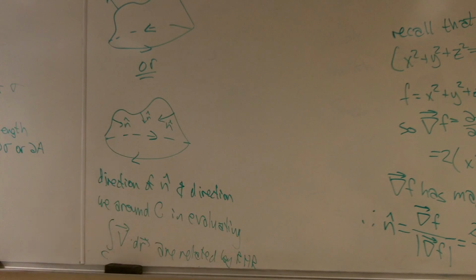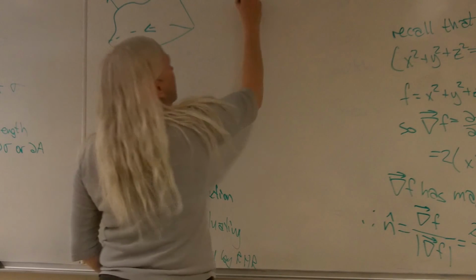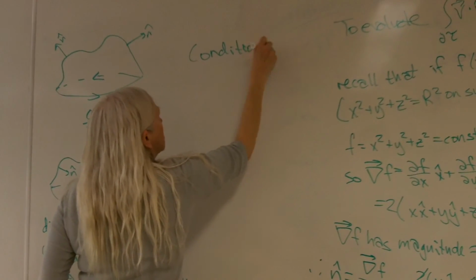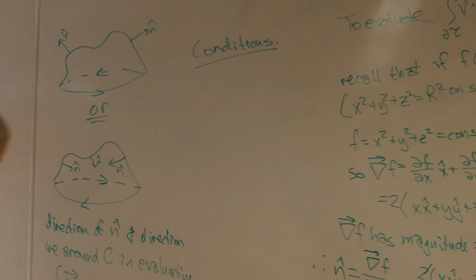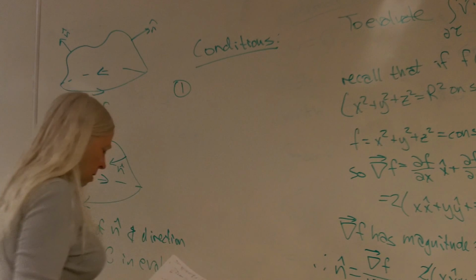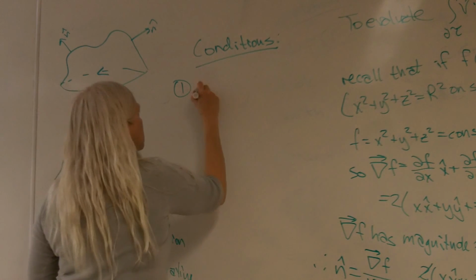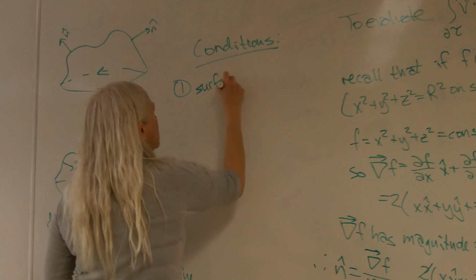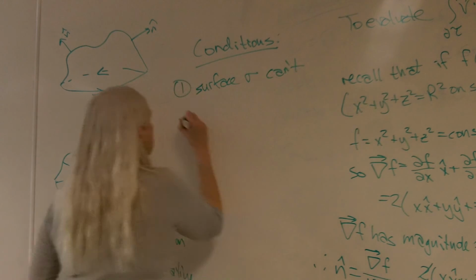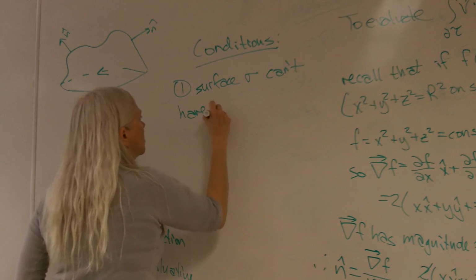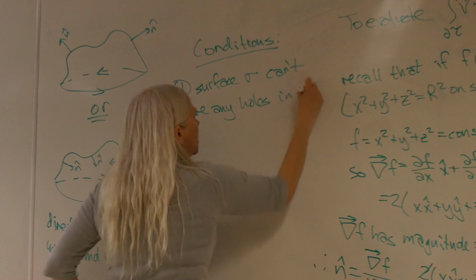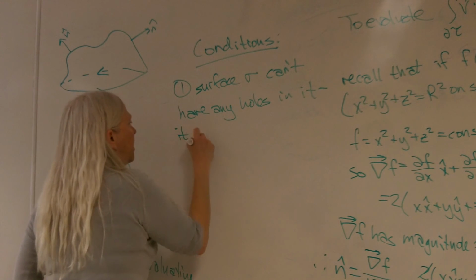Okay, as I mentioned before, there are also a few other conditions that have to be met for Stoke's theorem to work. One is this surface sigma, or A, whichever you want to call it, can't have any holes in it. In other words, it must be simply connected.